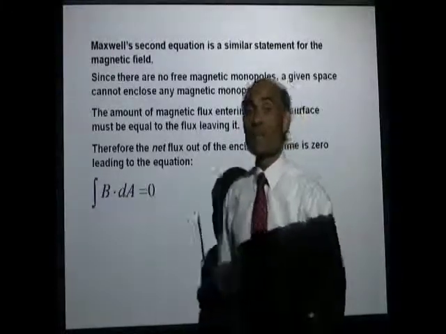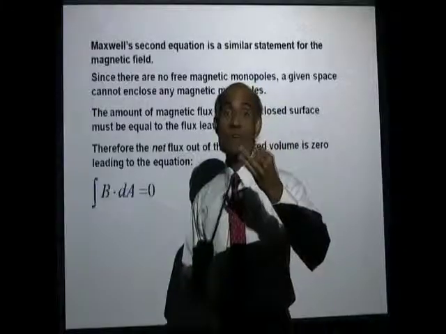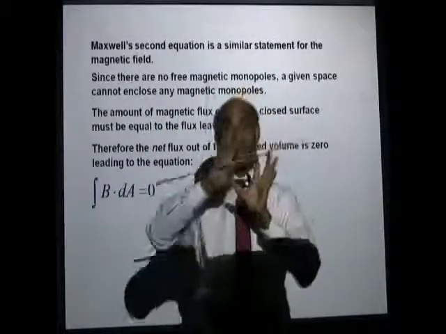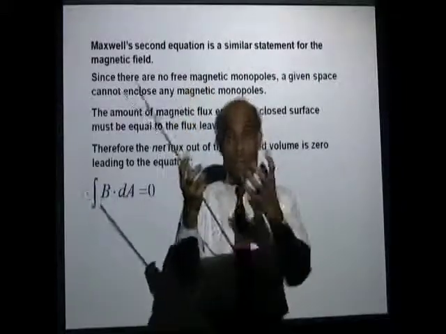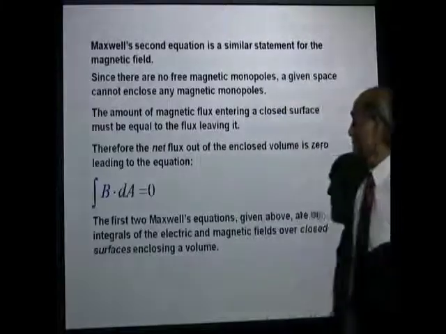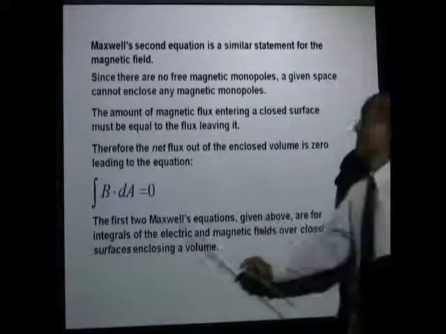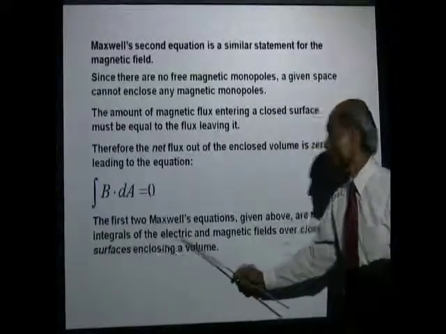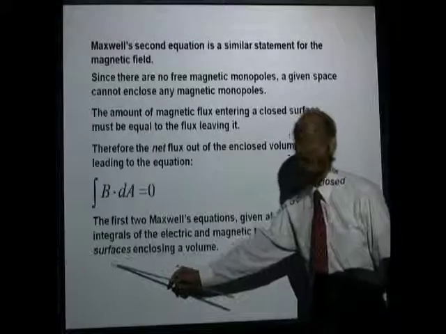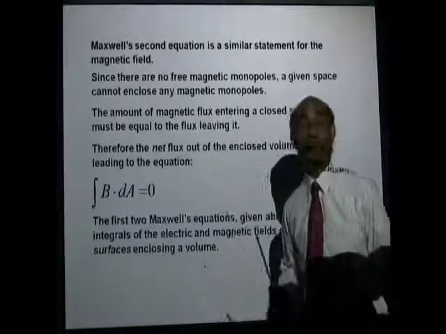Now you notice that Maxwell's first and second equations involve integration over a surface. In other words, the total flux that leaves a surface. Now the first two Maxwell's equations given above are for integrals of the electric and magnetic fields over closed surfaces enclosing a volume.